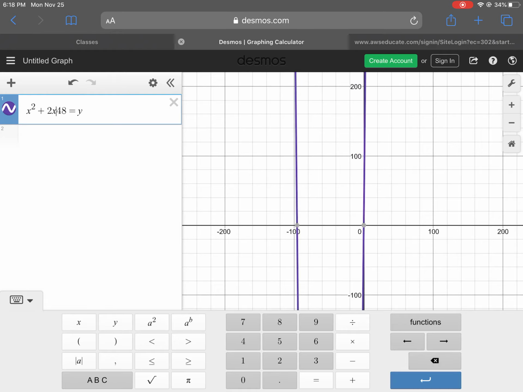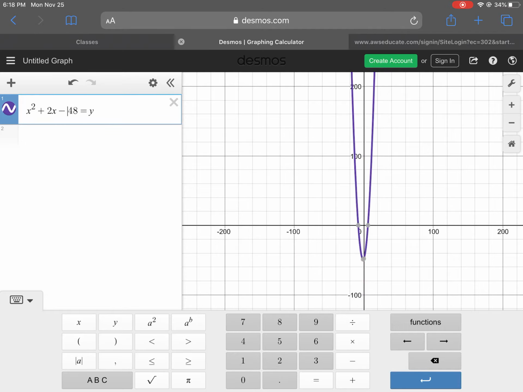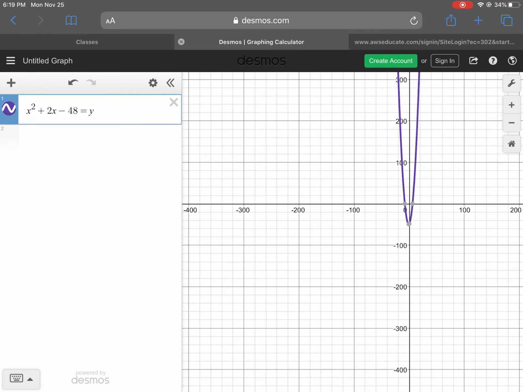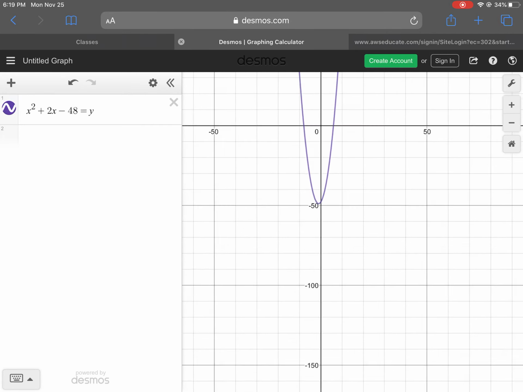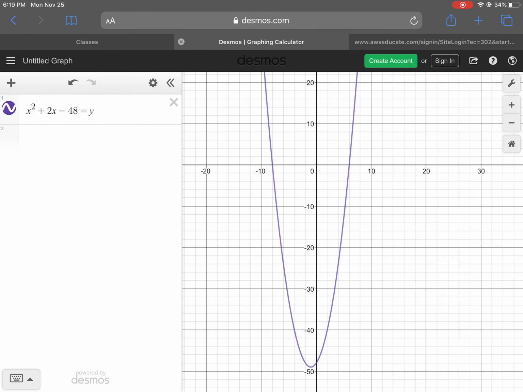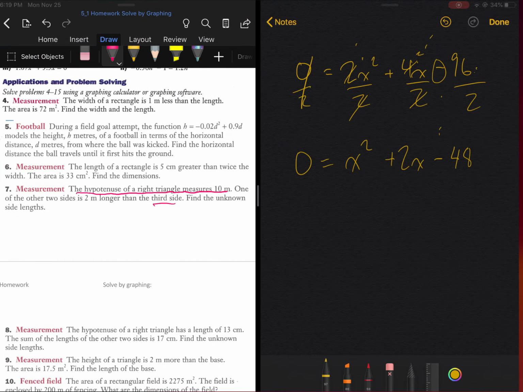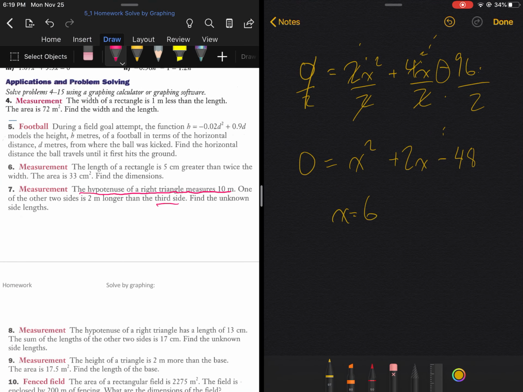So I wasn't one step ahead. Minus 48. My two values right here, 6 and minus 8. 6 and minus 8 are my roots.